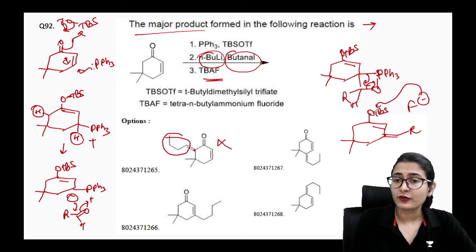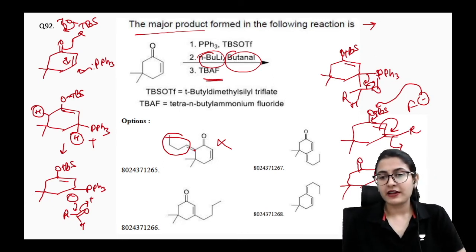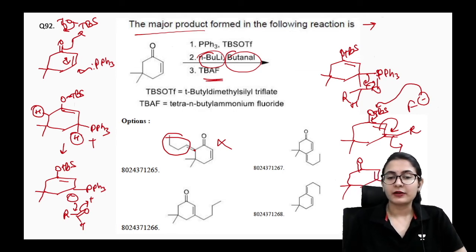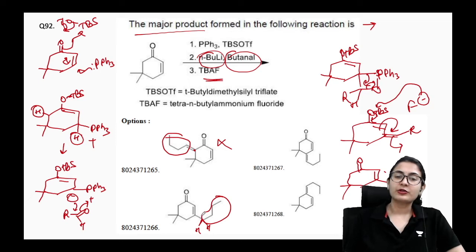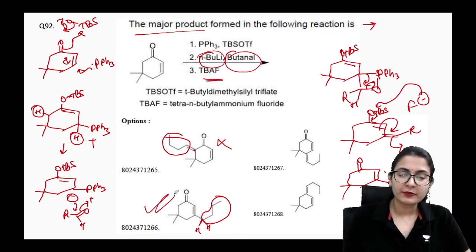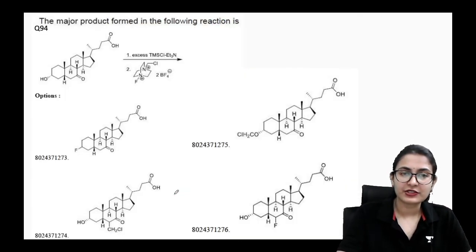It is going to attack over silicon and the bond is going to open up in this way. After the bond opens up, you are going to also get two protons on this carbon. Alright, so this is the chain that you have, two protons over here and the alpha beta unsaturated carbonyl, which is the more stable form. So B is the correct answer for this question.